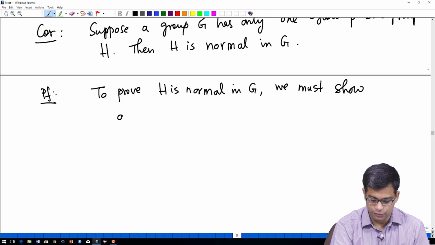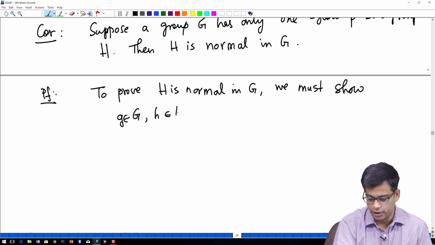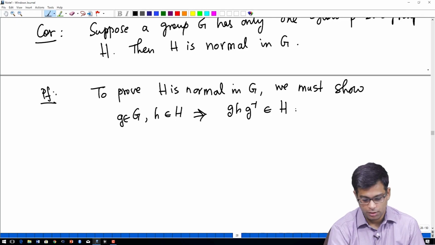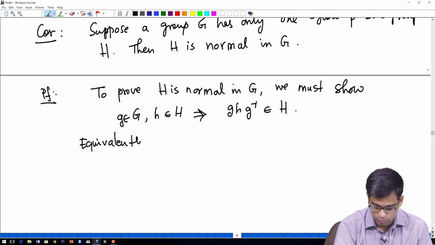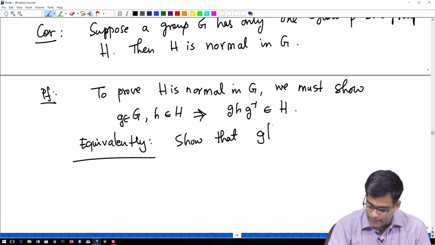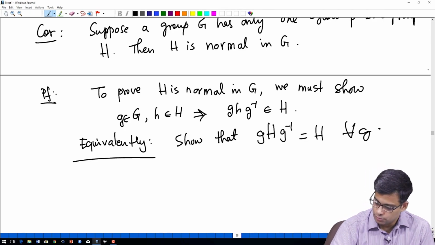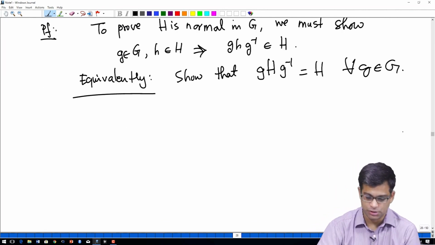We need to show that if g belongs to G, h belongs to H, then g h g inverse is in H. Equivalently, we have to show that g H g inverse is equal to H for all g in G.